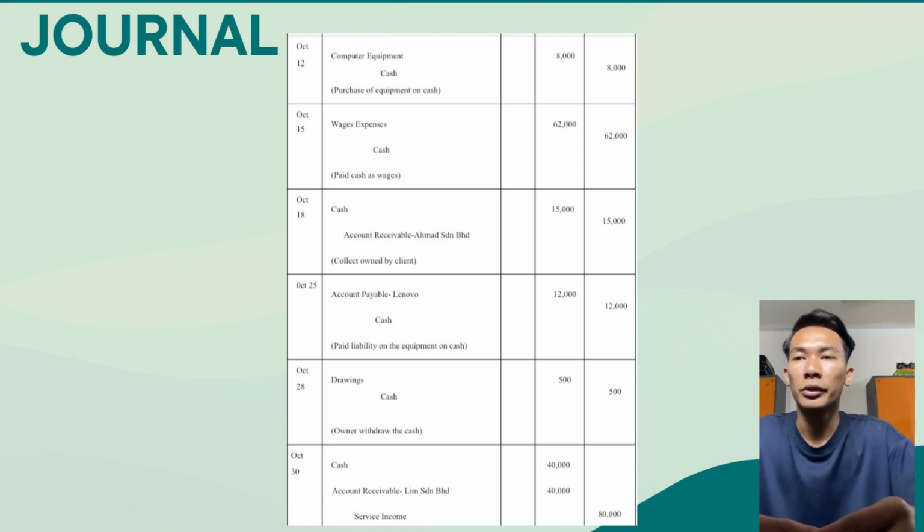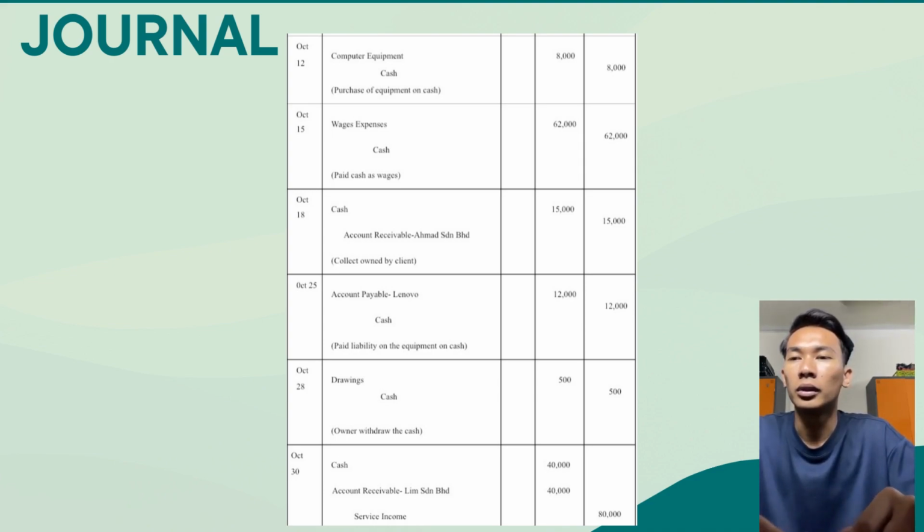15 October, wage expenses 62,000 on debit and cash 62,000 on credit. The reason is paid cash as wages. And 18 October, cash is 15,000 on debit, account receivable Ahmad Sdn Bhd 15,000 on credit. Reason is collect money owed by client.